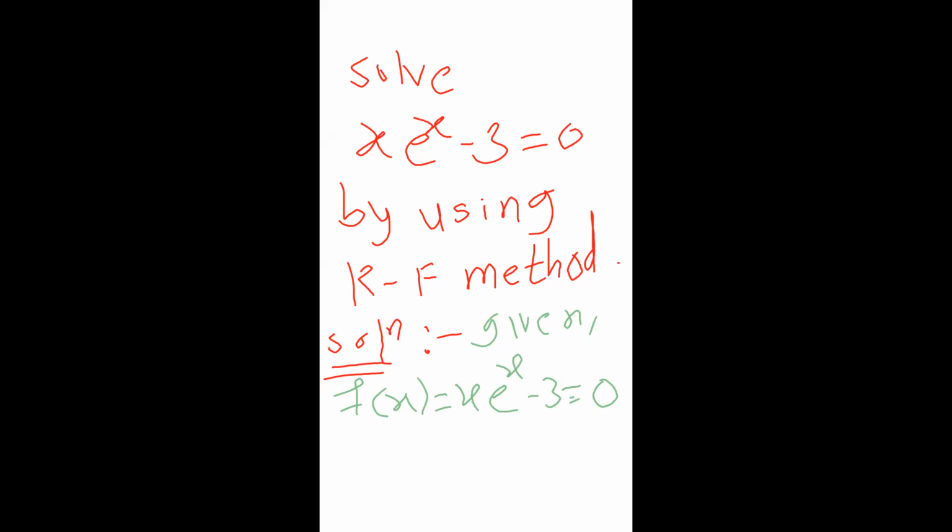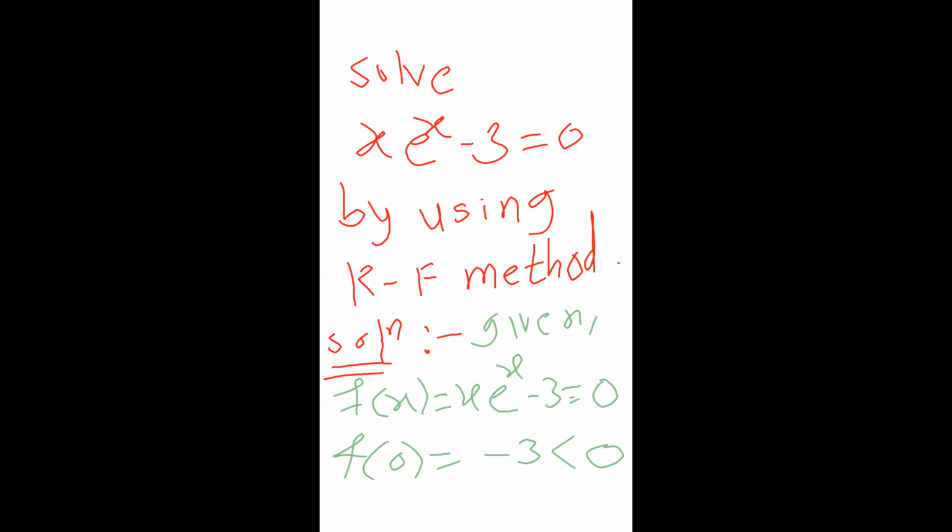Let's start with 0. f of 0 is equal to, tell me, what is f of 0? Minus 3, negative. Tell me which interval you got here. What is the interval ab? 1, 2. Okay.